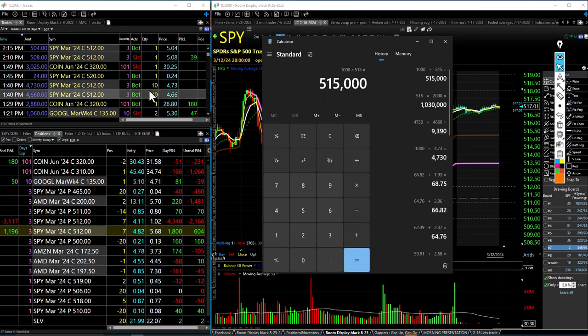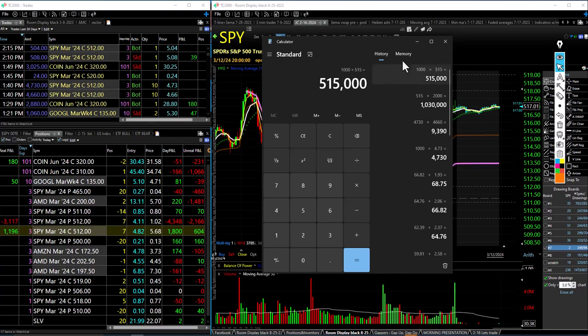Now I've got 2 groups of 10, so I'm swinging. I've got control of $1 million worth of SPY for a price of 9,390. You see that? There's 1,000 shares here, and 1,000 shares there.